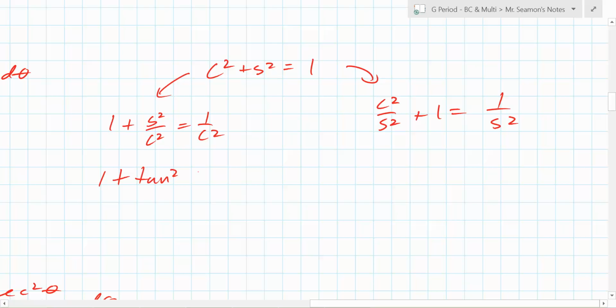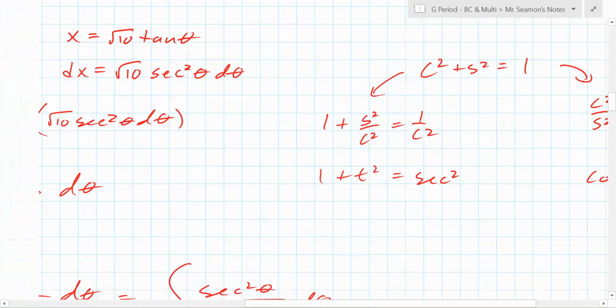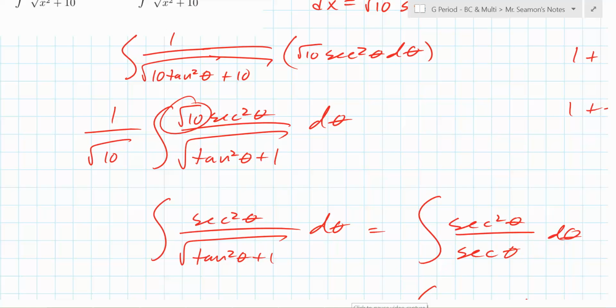So I'm just doing the shorthand of this. You have 1 plus tan squared equals, what's 1 over cosine? Secant squared, right? And this you get cotangent squared plus 1 is equal to cosecant squared. So if you ever need to do the shorthand way, that's the shorthand way right there. Okay, anything else?